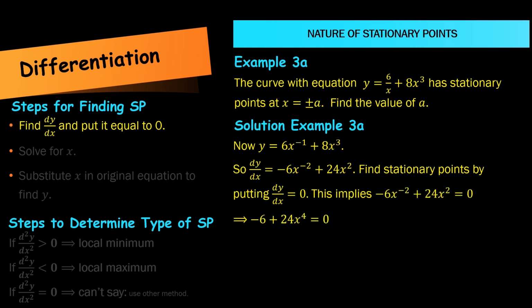And solving for x gives us x⁴ equals 1/4. And therefore x equals plus or minus 1 over root 2. Hence we have that a equals 1 over root 2.